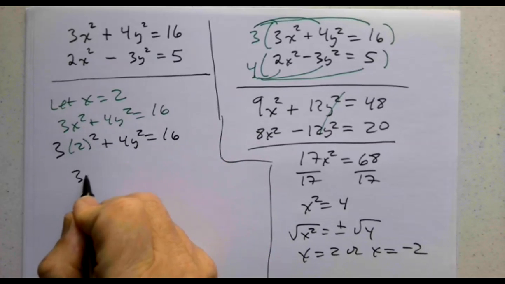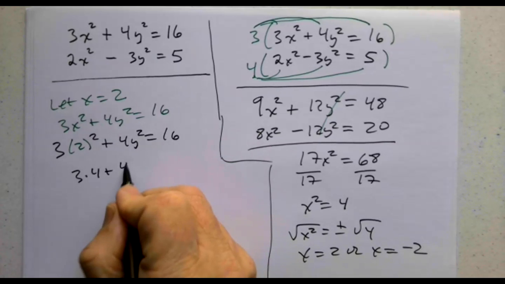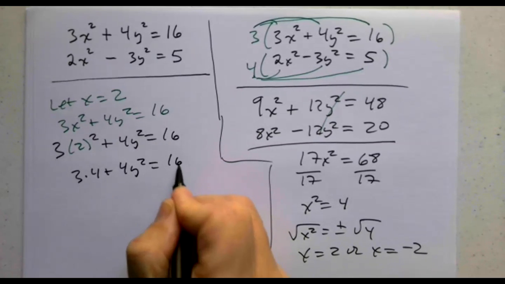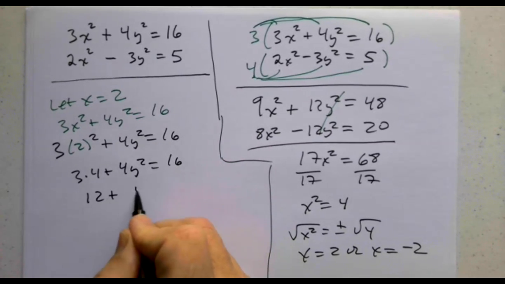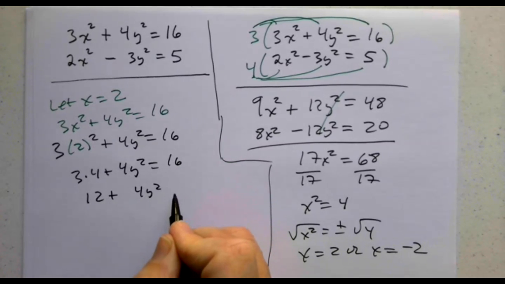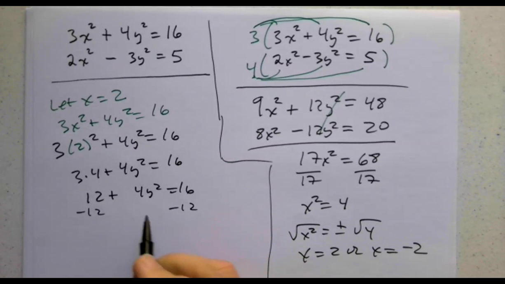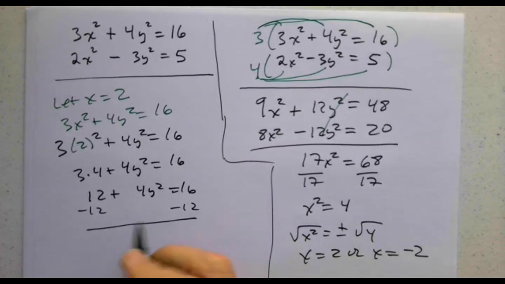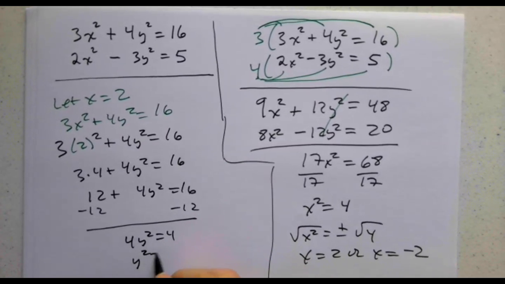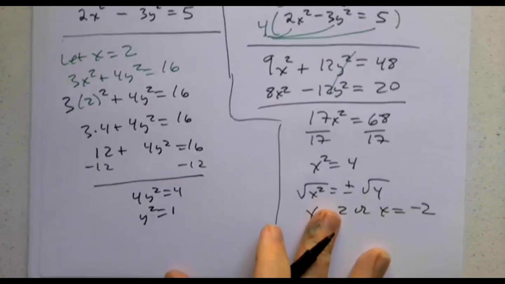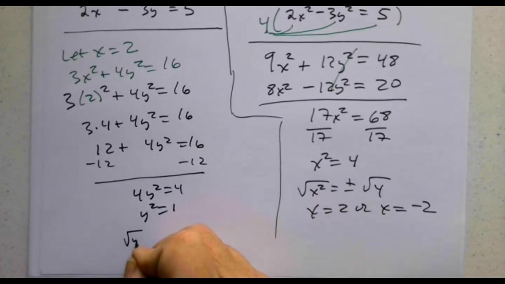2 squared is 4. 3 times 4 plus 4y squared is 16. 12 plus 4y squared is 16. Subtract 12 from both sides. 4y squared is 4. So y squared is 1. So that means the square root of y squared is plus or minus the square root of 1.